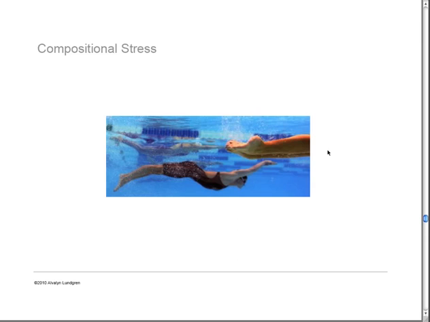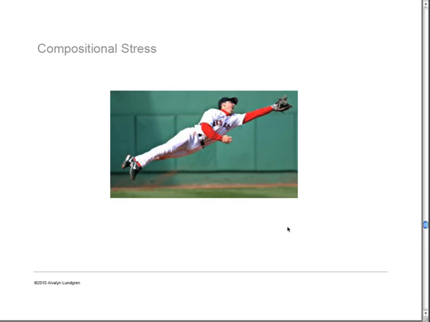Compositional stress here is definitely horizontal. The dominant movement is side by side, or side to side. And notice also how the structural shape is lending to that. The actual shape of the structure stresses horizontally. You can have vertical stress within a horizontal structural shape like this, and that happens a lot.